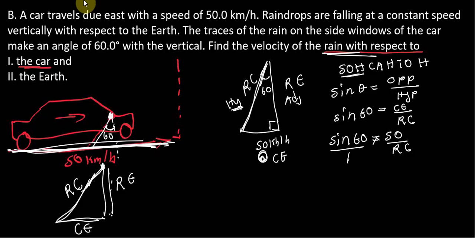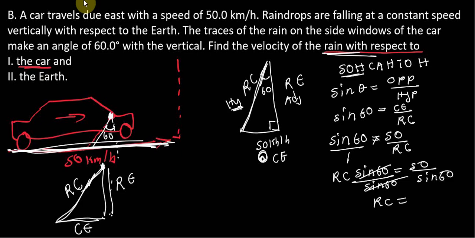We cross multiply, meaning that RC times sine 60 equal to 50, then divide by sine 60 over sine 60. This part and this part will divide. You have RC equal to, so what is RC? The RC to be 57.7 meters, just like that.